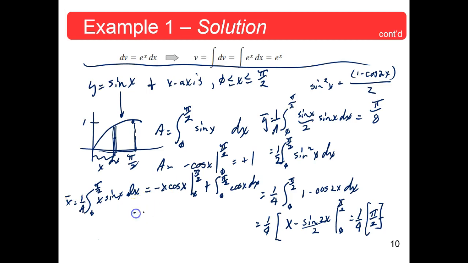All right, so let's first evaluate this. When x equals pi halves, what does this give us? A minus pi halves times the cosine of what? Pi halves. Okay. Now, what's cosine of pi halves?